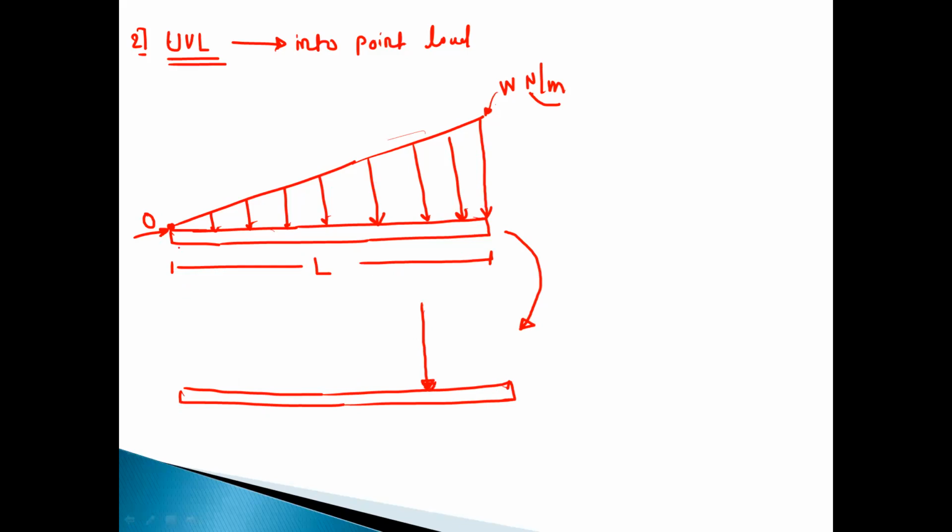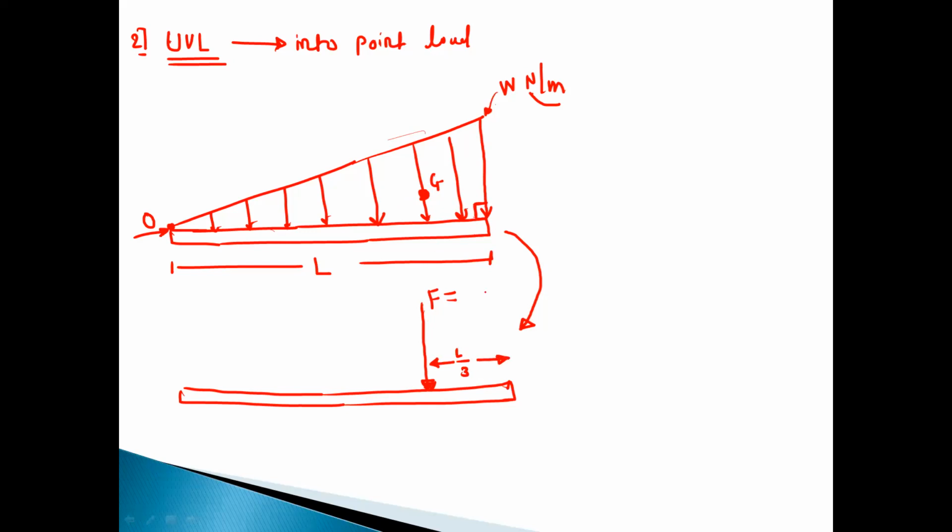If you observe this, this is a triangle, so it acts through the center of gravity of that triangle. This is the center of gravity. This point load will act at the center of gravity, and this distance with respect to this 90 degree angle is equal to L upon 3.